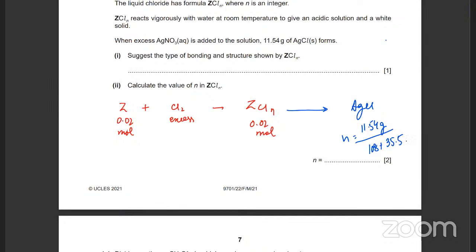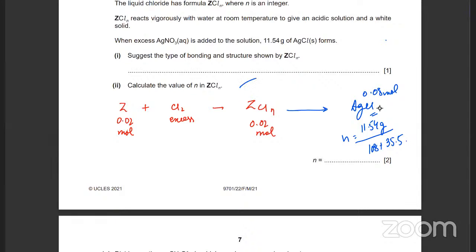What are the moles that we're getting? 0.08. So we're getting 0.08 moles. So one AgCl has one Cl ion. So that means 0.08 moles will have 0.08 moles of Cl ions. So I know exactly how many Cl ions are in the solution.